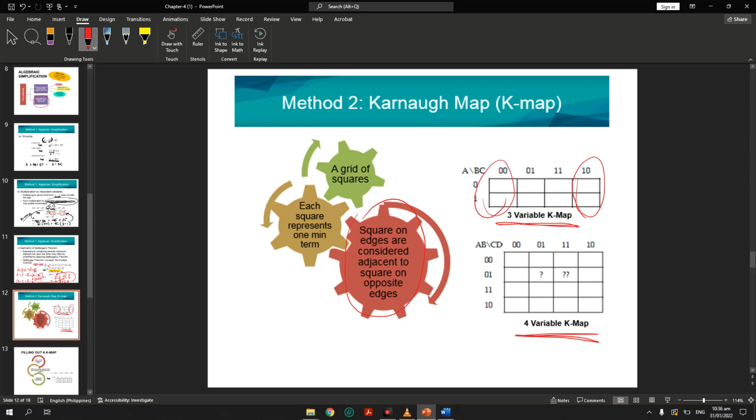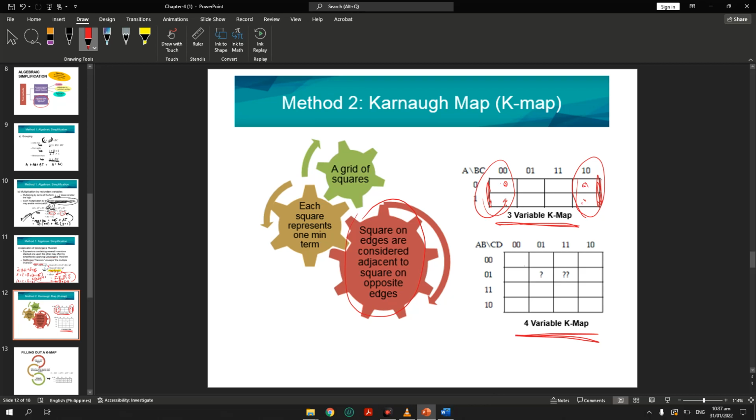If you consider this as a sheet of paper and fold it into a circular cylinder, this edge will join this edge. Therefore, the square here is adjacent to this one.